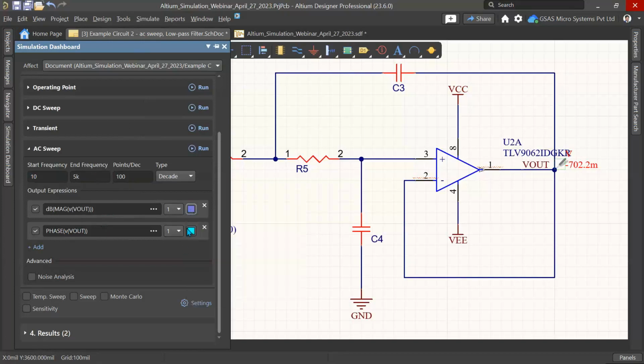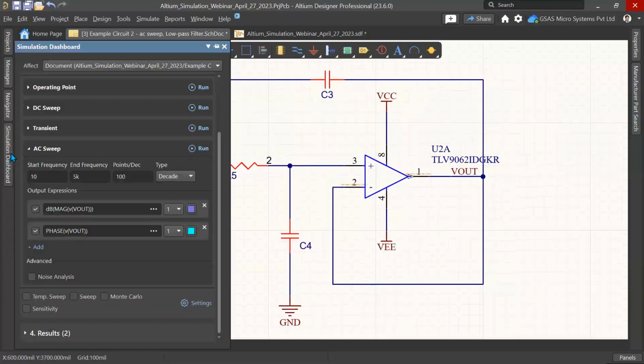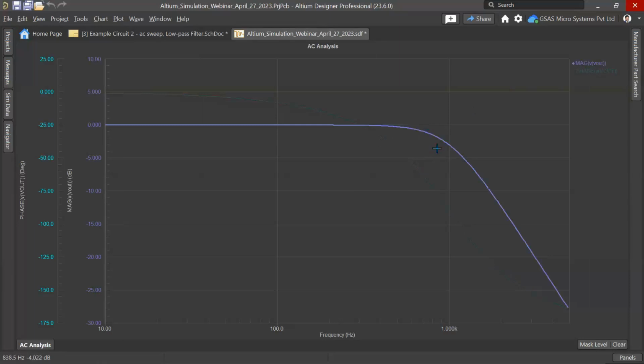Before that, let us remove this and just perform the AC sweep analysis. Yes, you can see the graph, which is magnitude in dB and phase. You can see here as the frequency increases, the phase is getting decreased.